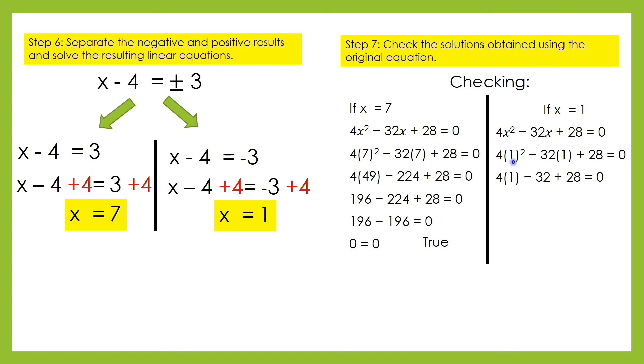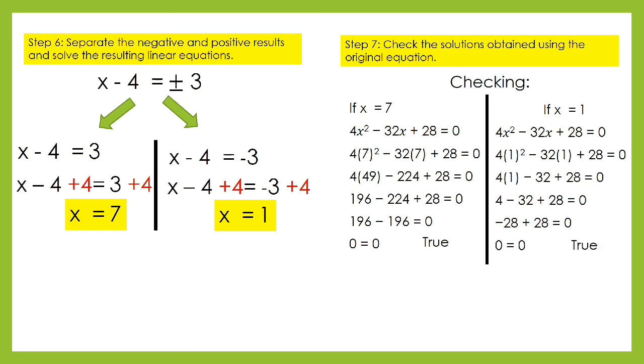Negative 32 times 1 is negative 32 plus 28 equals 0. 4 times 1 is 4. Minus 32 plus 28 equals 0. 4 minus 32 equals negative 28 plus 28 equals 0. Negative 28 plus 28 is 0 equals 0. So this is also true.